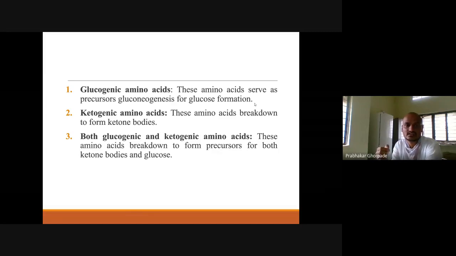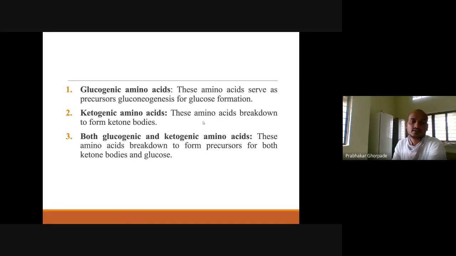Gluconeogenesis is a pathway in which glucose is synthesized from non-carbohydrate sources, like glucogenic amino acids. Amino acids that undergo such transformation, we call glucogenic amino acids.